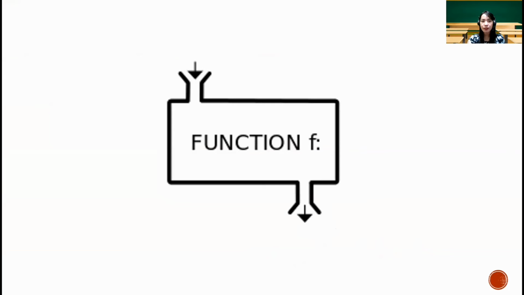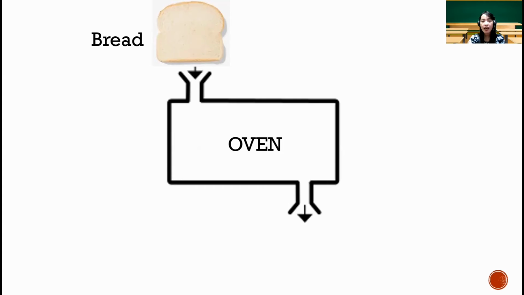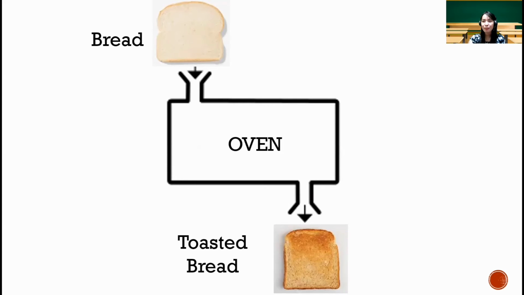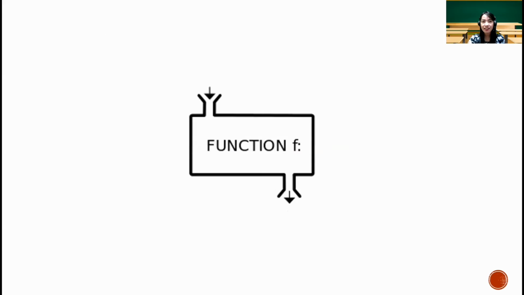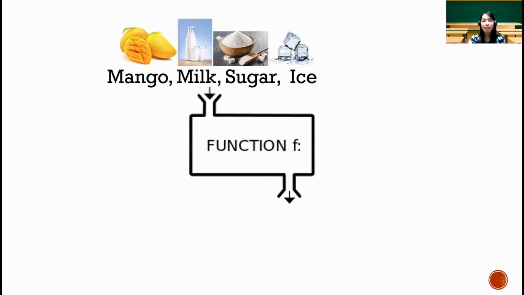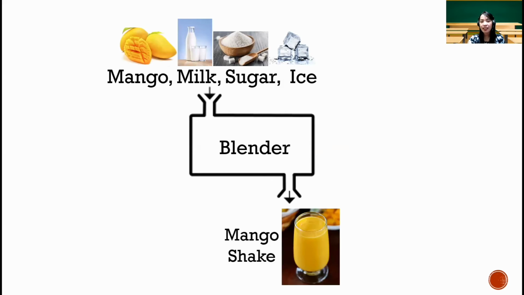In the first example, we consider bread as our input, and the bread is processed through a machine, which is an oven, and from that, our output is toasted bread. In another example, our inputs are mango, milk, sugar, and ice, and those will be processed through a machine, which is a blender, and from that, our output is mango shake. This process can be a simple understanding of how to evaluate a function.